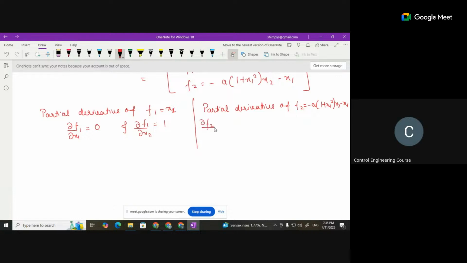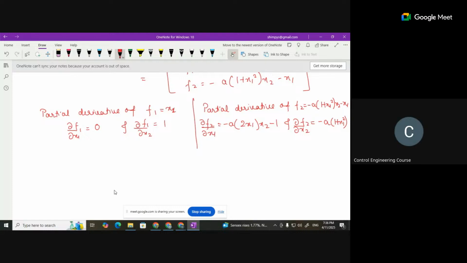Del f2 by del x1 is minus a times 2x1 x2 minus 1, and del f2 by del x2 is minus a times 1 plus x1 square. Is it correct? Are you getting the same? Yes. Okay, fine.